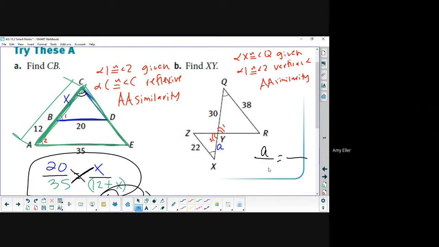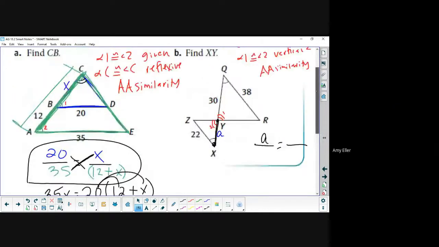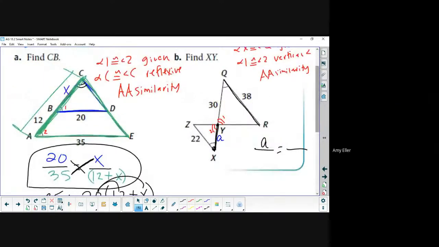Connor, what do you think it goes with? Not sure. Okay, so let's look at where A is. A is next to the angle that has a single arc and the angle that has a double arc. So that can't be 38 because there's a single arc and nothing. So that's got to be 30. Single arc, double arc.